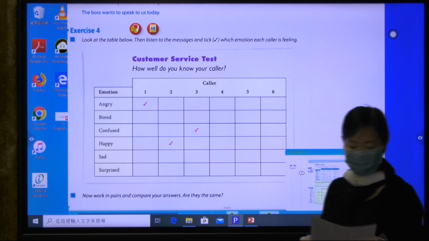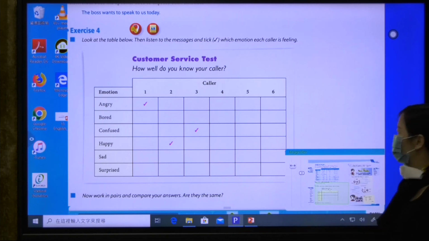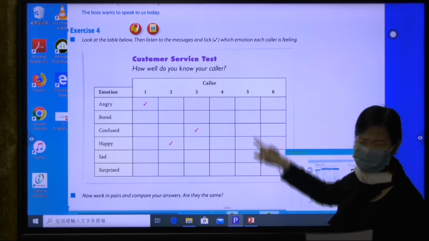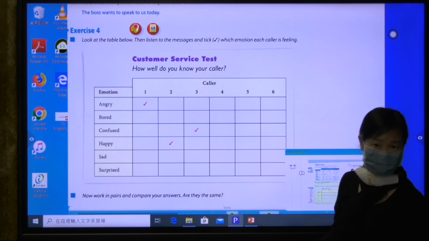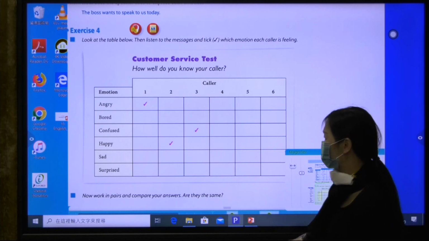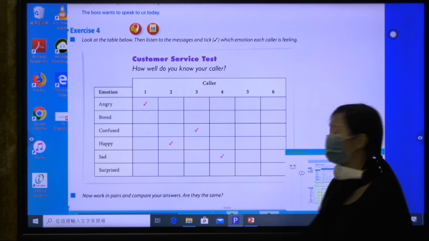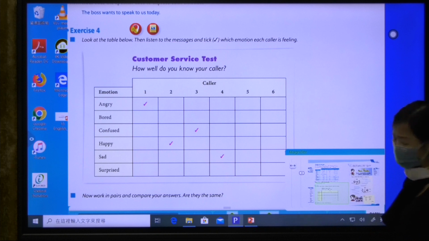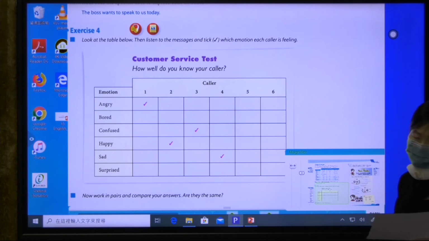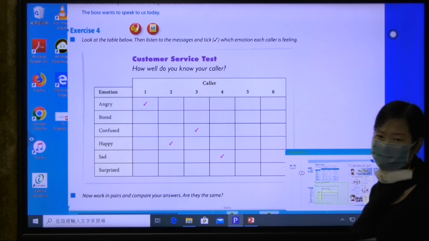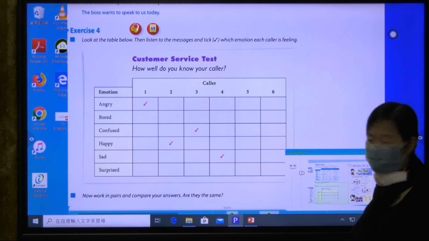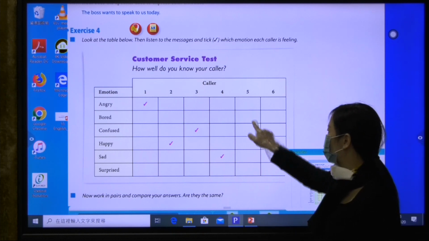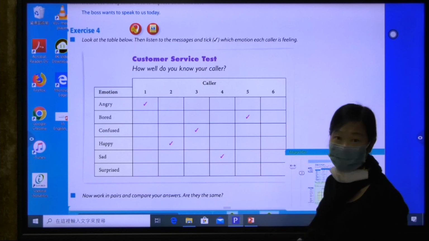Caller 3. And number 4. "This is the wrong one." Very sad, right? Very unhappy. And 5. "All right, I will wait another 15 minutes." What kind of emotion is it? Very bored, very impatient. Waited and waited.